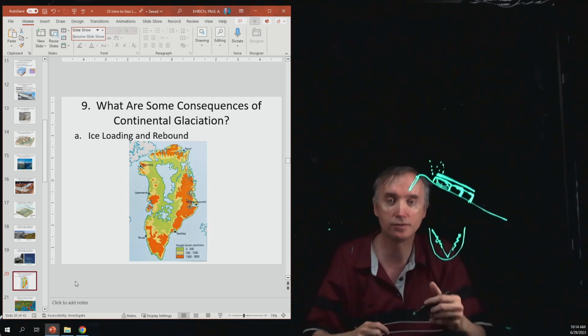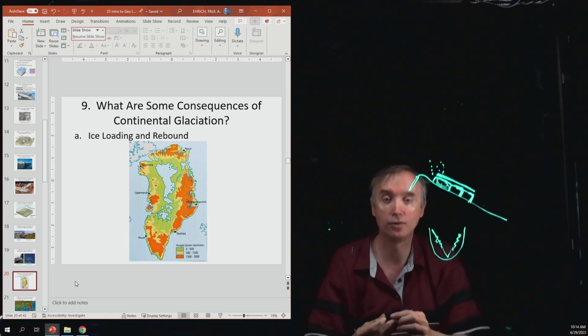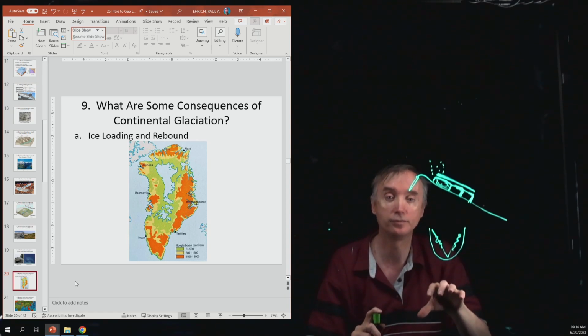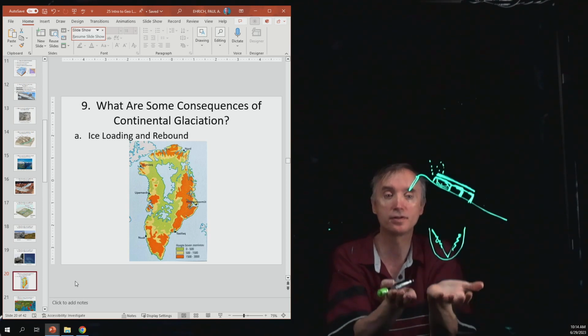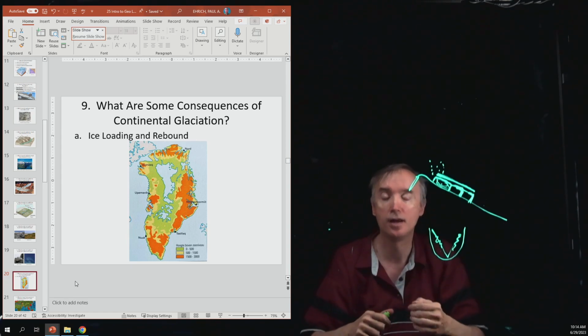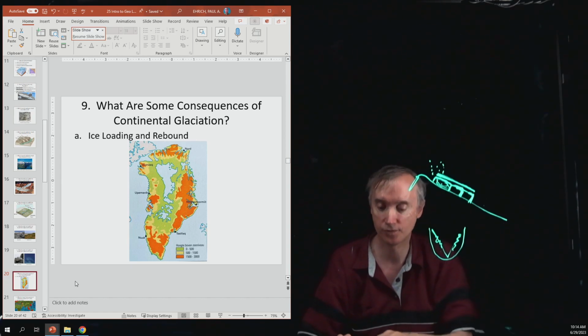That basin was formed by the weight of the ice on top of it. Now, if the ice melts, then the ground is going to start to rise back up again, and we're going to call that rebound, just like a spring.